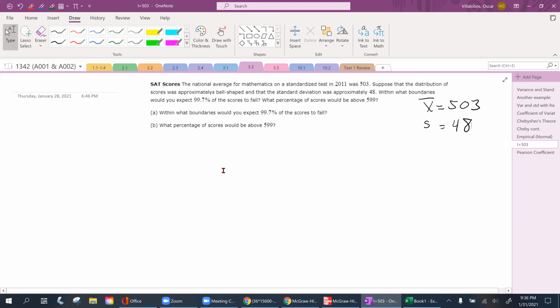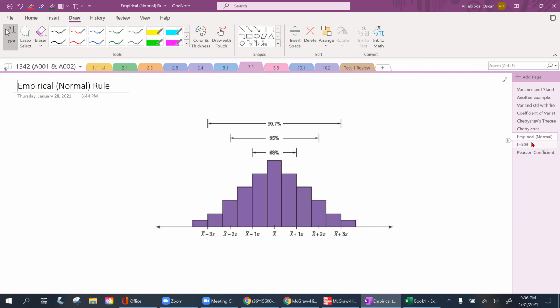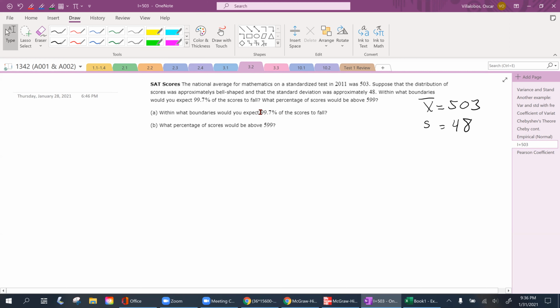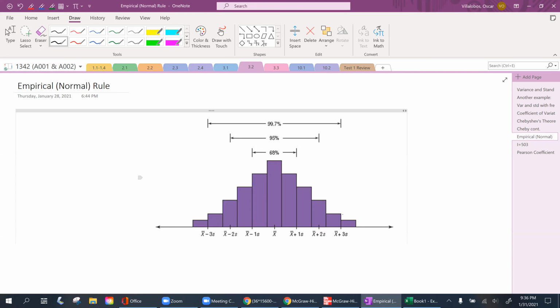Okay. So one of the things I want to first do is find, let me bring this chart here, 99.7%. When I go here, 99.7% means I'm going to use the mean plus 3 times the standard deviation, and I'm going to use that back portion as well.